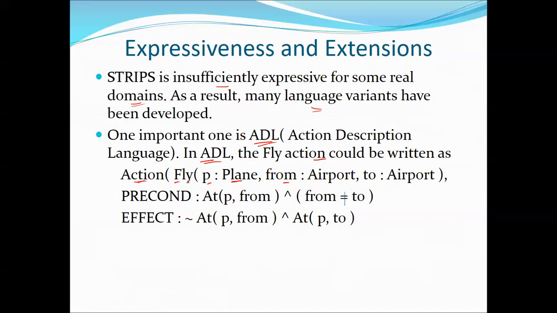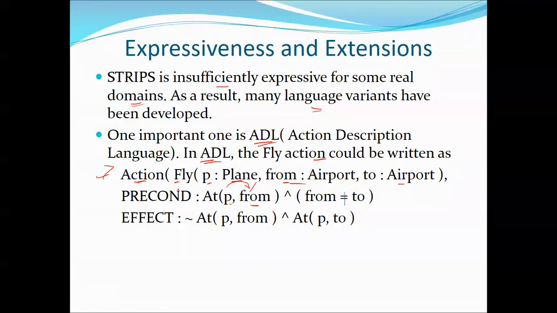So this is the action fly p from to, that is, fly the plane p from this location to this location. Before performing this action, as usual, the precondition should be satisfied. What is the precondition? The plane p should be at the location from, and from should not be equal to to. If from is equal to to, then there is no point in flying, right? There are two preconditions.